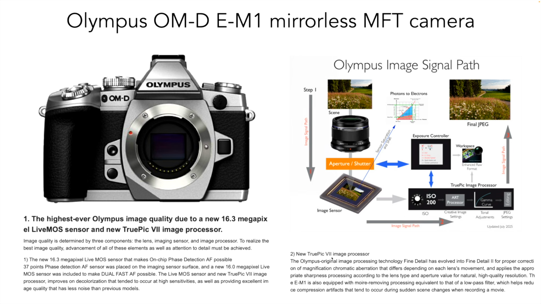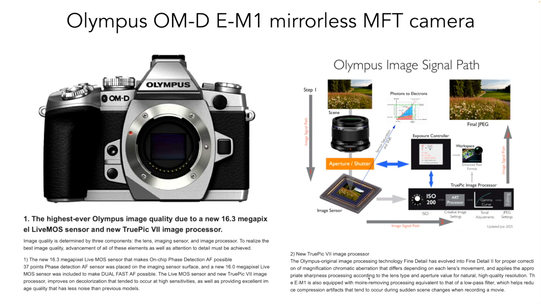And then the TruePix 6, the original image processing technology, fine detail has evolved to fine detail 2 for proper correction of magnification chromatic aberration that differs depending on each lens movement, and applies appropriate sharpness processing according to the lens type and aperture value for natural high quality resolution.